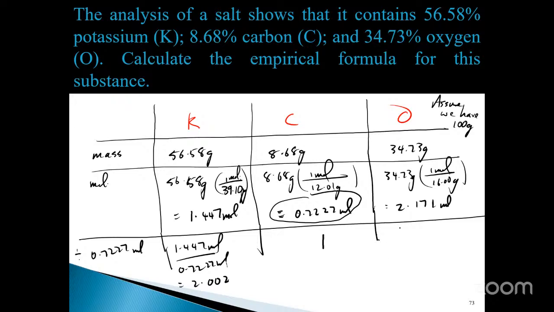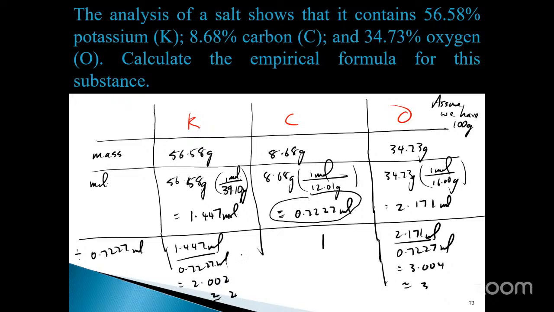And then over here, I'm going to divide 2.171 moles by the same 0.7227 moles, and I got 3.004, right? Now, obviously, 2.002 is approximately equal to 2, because we want to get whole number integers at this point. And this will be approximately equal to 3, right?